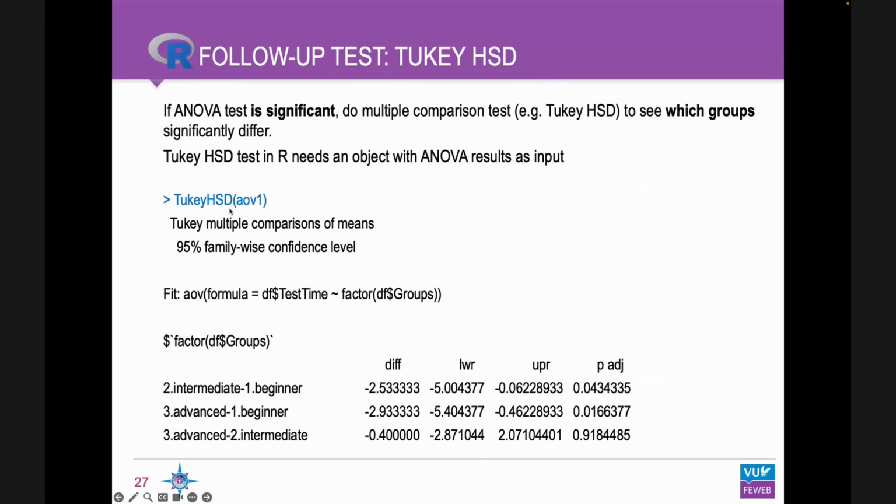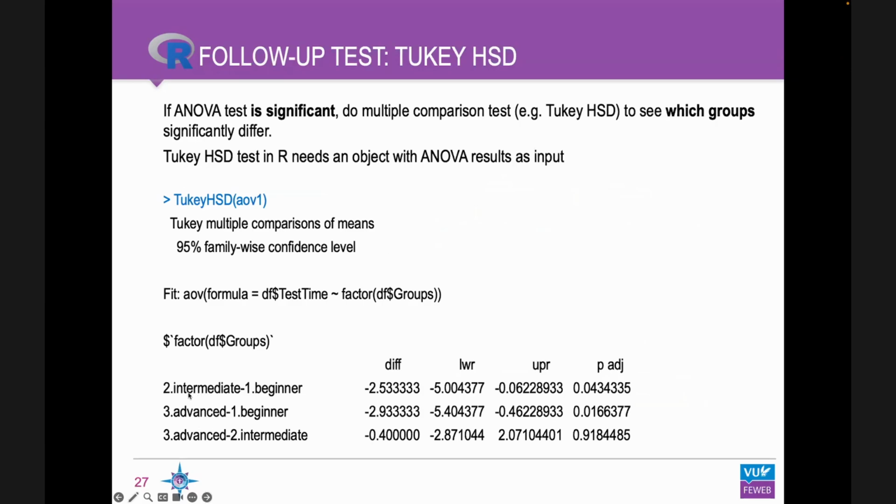using the TukeyHSD function, which gives you this output where you see, for each of the levels within the grouping variable, so this is the course that these people take, the separate tests for each couple of these categories.